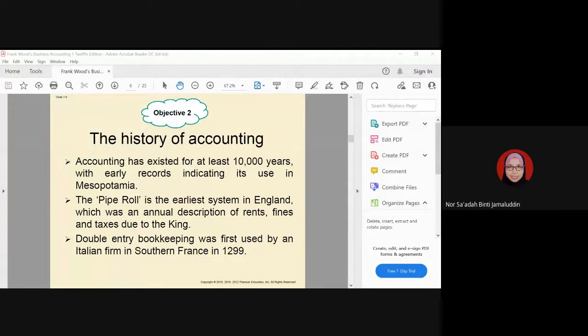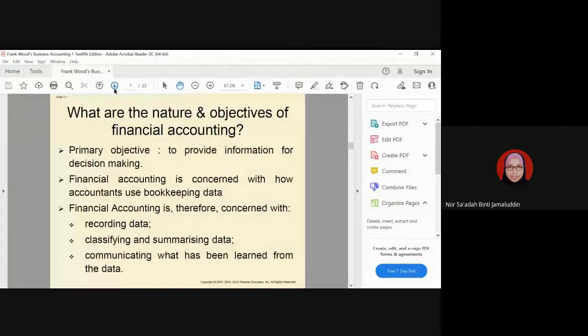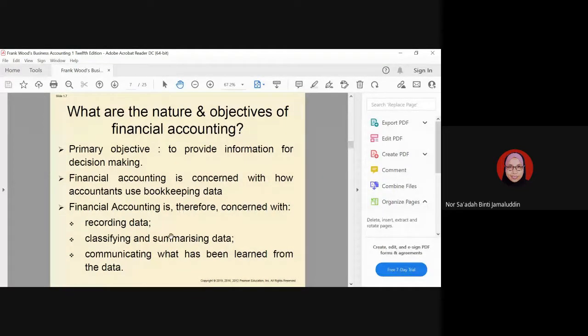Alright? Okay. So we proceed to the next slide on what are the nature and objective of financial accounting. Okay. Apakah nature dan objektif? Alright. As stated in the slide, we have the primary objective for the financial accounting is to provide information for decision making.